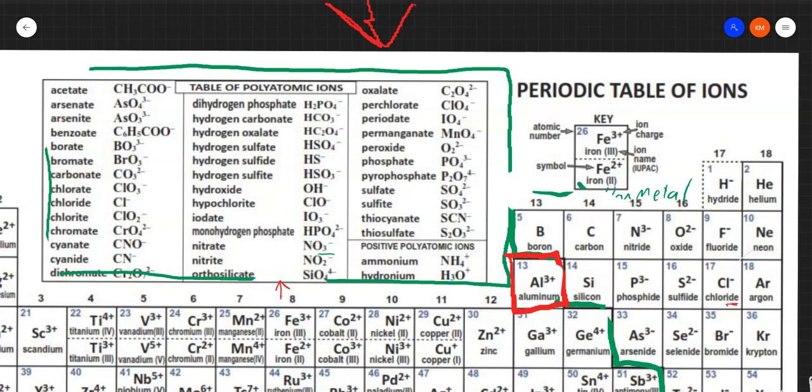Remember that your metals are over here. Left of the stair step are metals. I'm looking for phosphite. This is in alphabetical order, so I just need to find P's, right? And then perchlorate, phosphate.